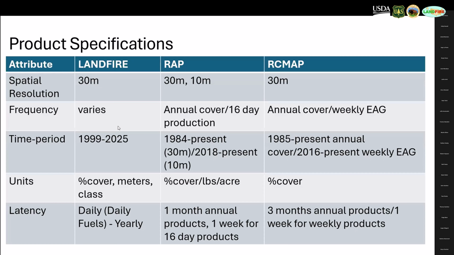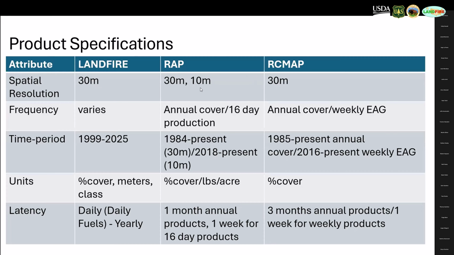So looking at some boilerplate statistics here, it's always kind of important to familiarize ourselves with the specifications of the product. So all the products we're talking about here today have 30-meter resolution data. RAP, as I mentioned, now has 10-meter resolution cover products as well. So we're operating in the same resolution, which is good.